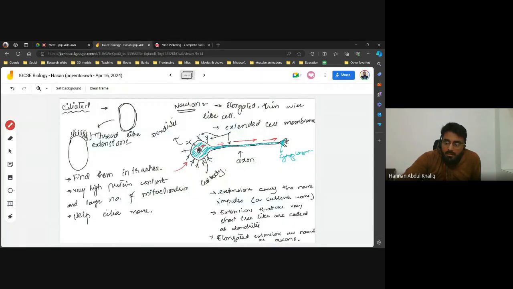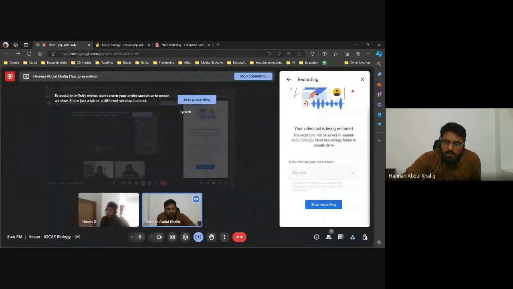Now I would like you to take a bit of time and compare the general cell with these specific cells that we are talking about. You may get 5 minutes, but just read or compare the diagrams for general cell and specific cells.